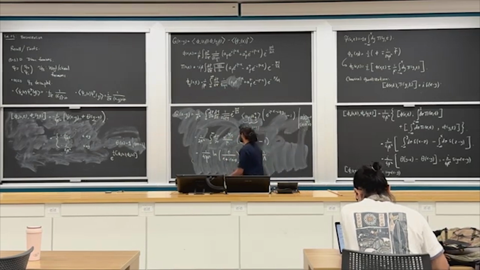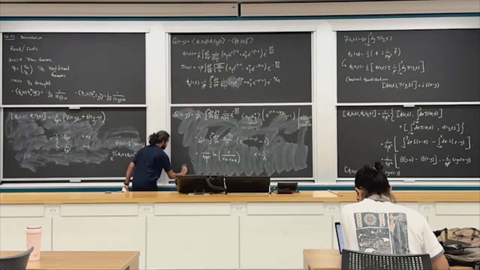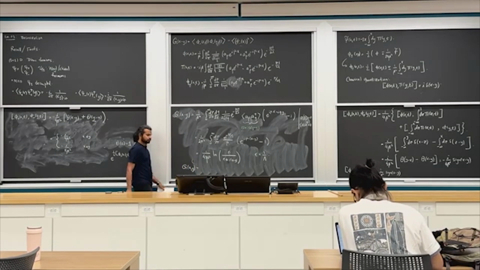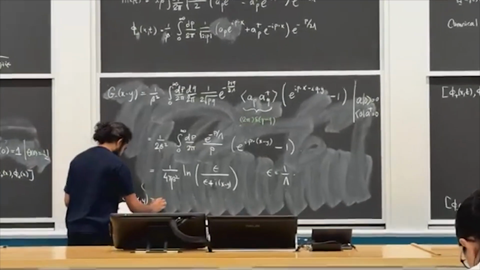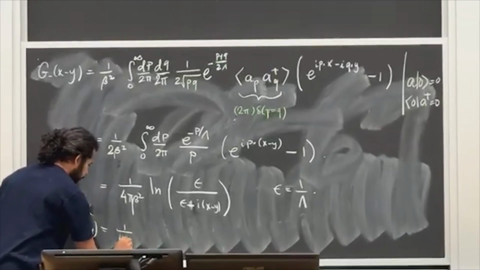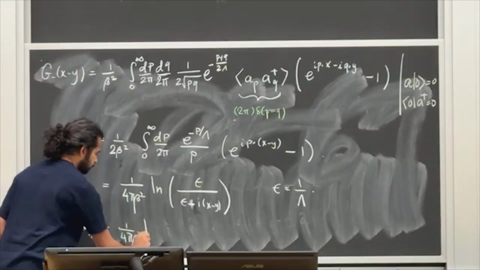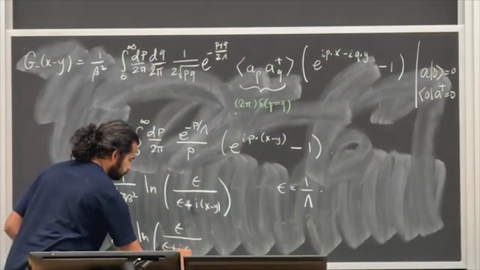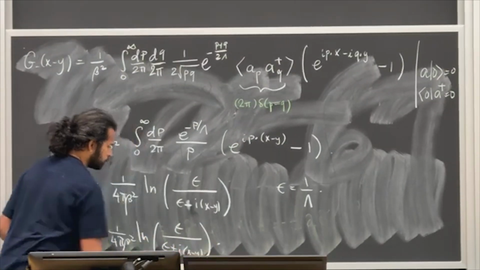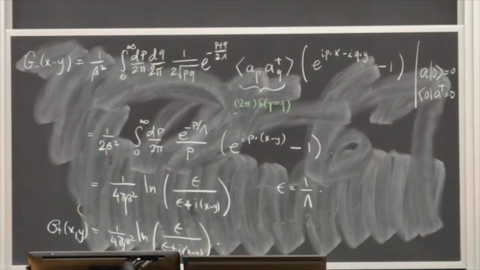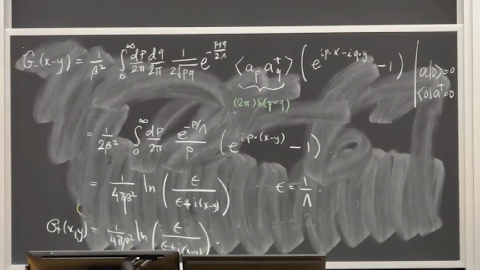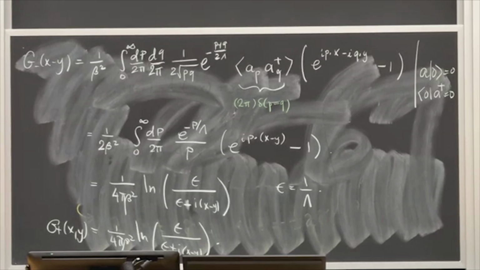And likewise, I can evaluate g plus xy, which is everything replaced with plus, and get it to be 1 by 4 pi beta squared log epsilon by epsilon, 1. It's typical for fermions to have 0 modes. Right. So that's one subtlety.